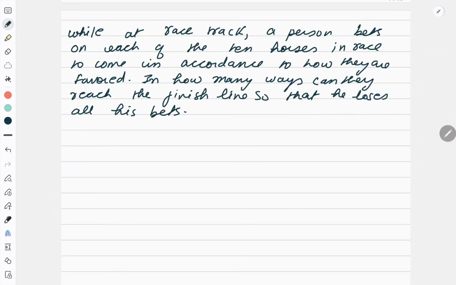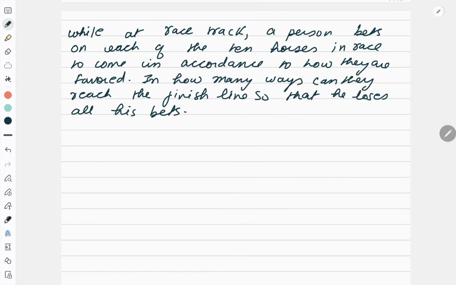Now in how many ways can the horses reach the finish line so that he loses all his bets? Meaning if he is saying the fifth horse will reach on the second position, the sixth horse will reach on this position, and all the bets he is failing, he is losing all his bets. So basically they have already numbered the horses. He has in mind which horse will reach at which position, so the positions are fixed.